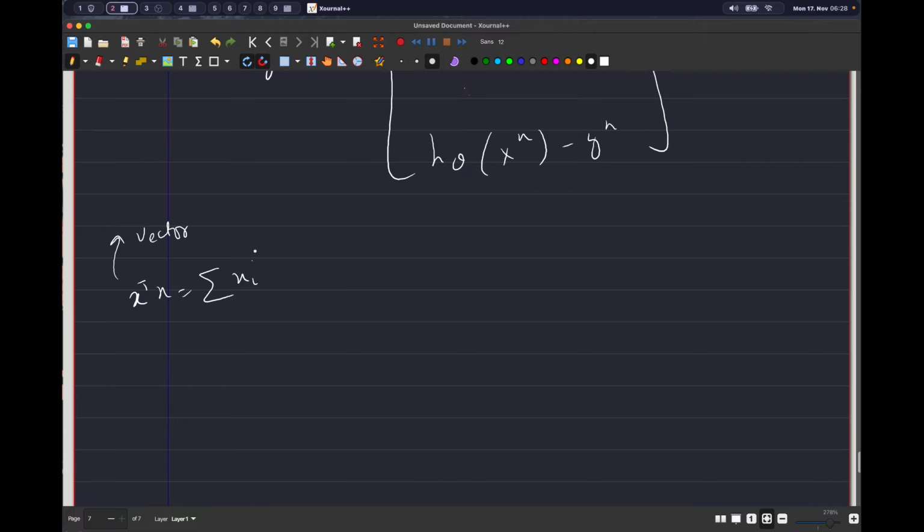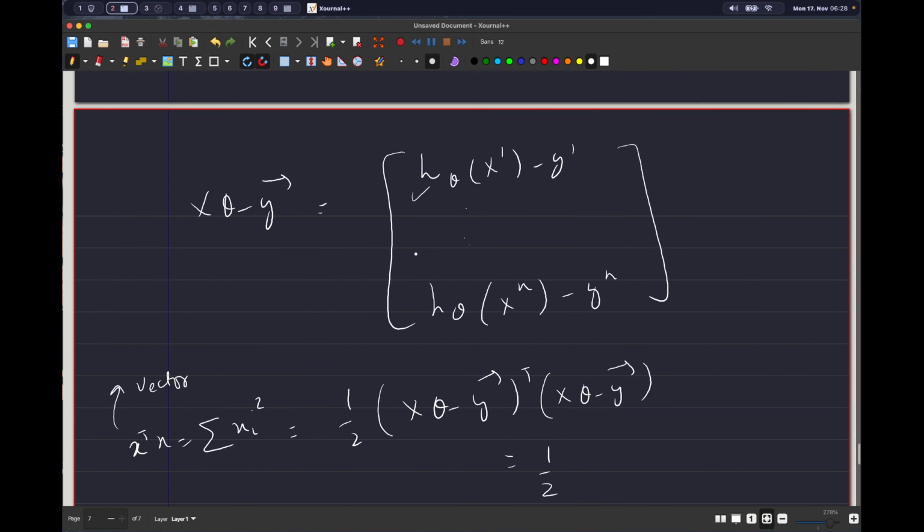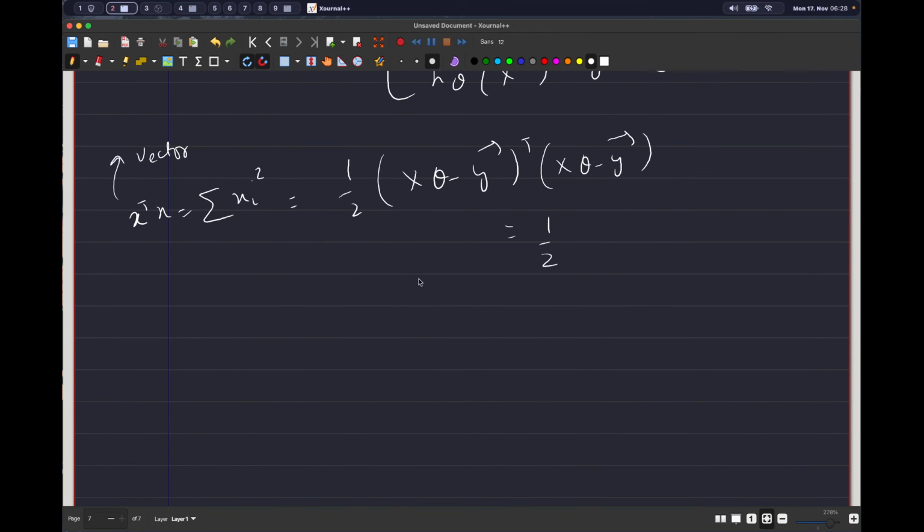So half times (X theta minus y) vector transpose (X theta minus y) vector will give us the sum of squares of these values, since they are the original constituents of that vector.